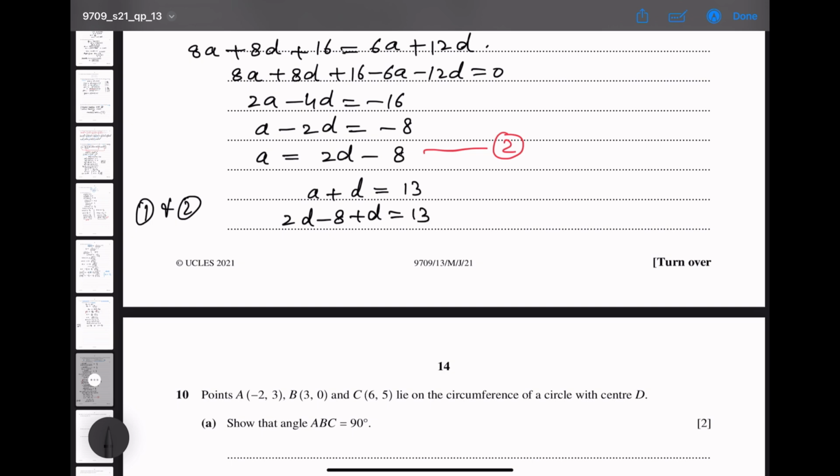So 3D is equal to 21 and D is equal to 7. Now putting the value of D in equation number 2, A is equal to 2 into 7 minus 8, so A is equal to 6. So this is the value of A and this is the value of D.